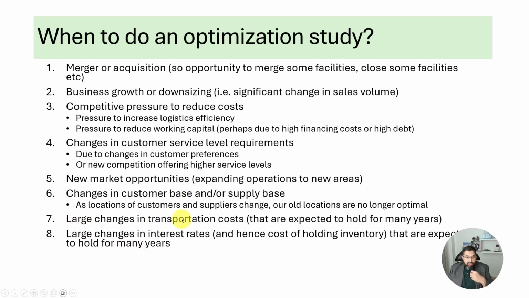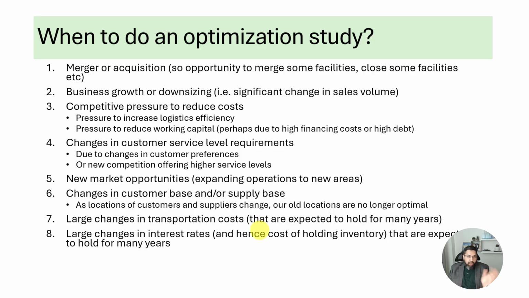Large changes in interest rates can also influence this because the interest rates impact the cost of holding inventory. So if you have fewer distribution centers, you're more efficient on inventory because your inventory is centralized in a few places. And so you don't need as much safety stock with centralized inventory as you need with inventory in many different places.